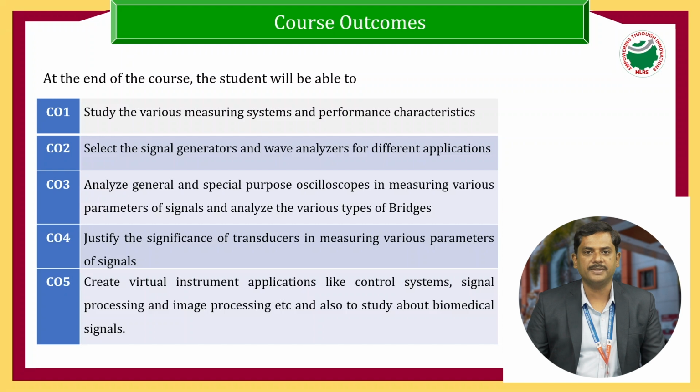In course outcome 3, the student will analyze the functioning and operation of special purpose oscilloscopes such as dual beam oscilloscope, dual trace oscilloscope, sampling oscilloscope, and digital storage oscilloscope, and also measure physical parameters in bridge applications for AC bridges and DC bridges.